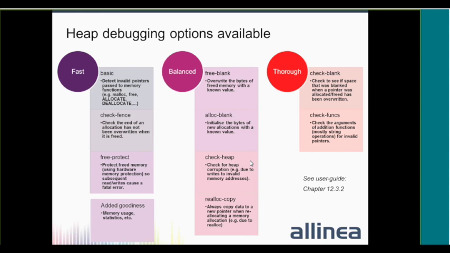So once the memory debugging library is activated, you have three different options. You have three different levels of memory debugging. We have fast memory debugging, balanced, and thorough. Every time you choose one of these levels in the memory debugging scale, Allinea DDT will activate different features.